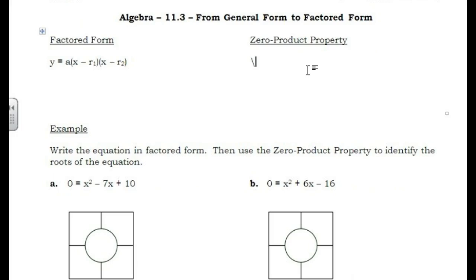Now the zero product property states if a times b equals 0, then a equals 0 or b equals 0.